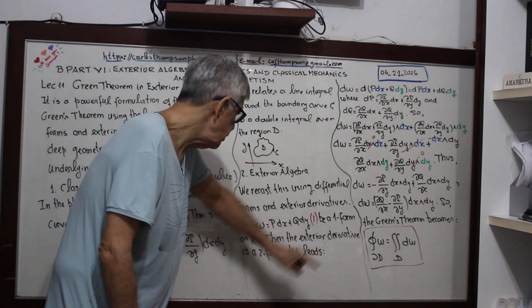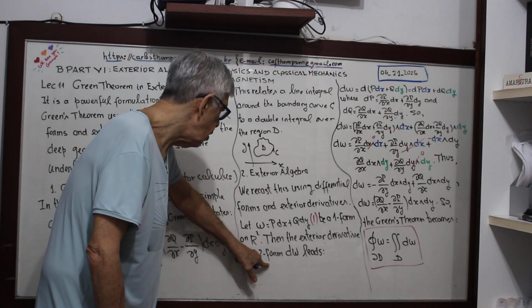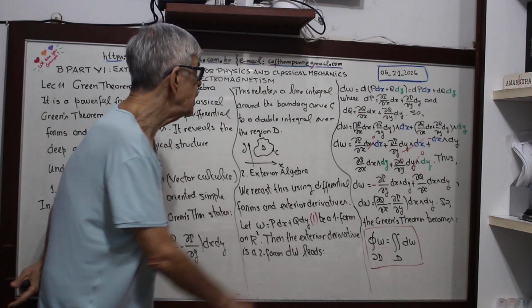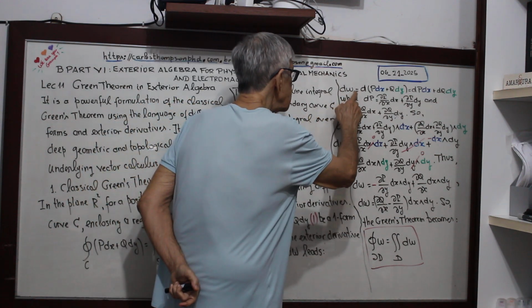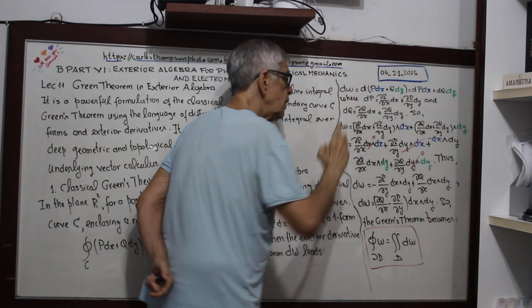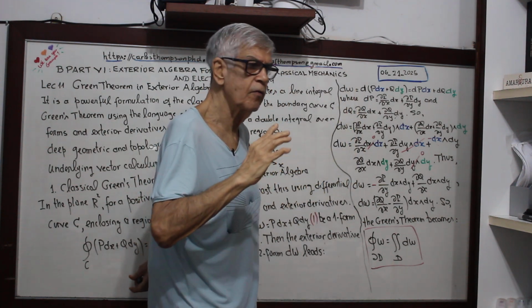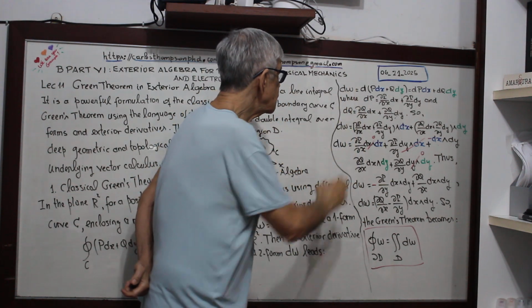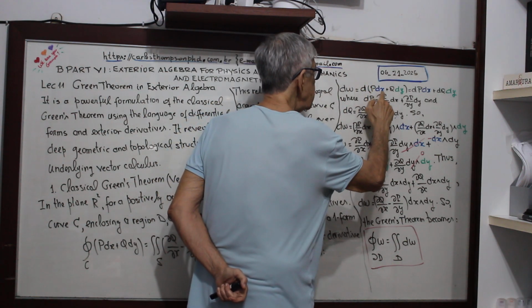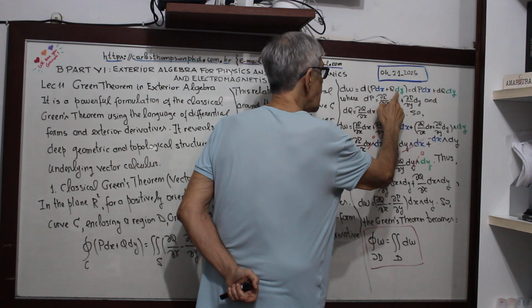Then the exterior derivative is a two form, d omega. Omega is a one form and d increases the form degree by 1, so this is a two form. That is d applied to P dx plus Q dy.